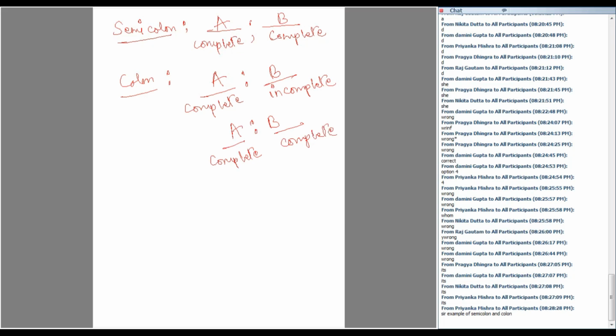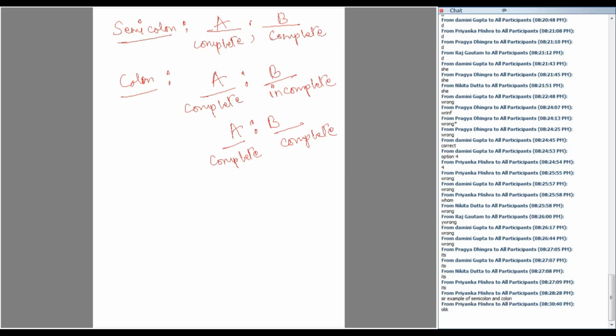So all in all, what I have come to understand is that you can use both colons and semicolons in both the ways. That is what my experience tells me, because different books will say different things. If you look at different sources, different sources will tell you different things.